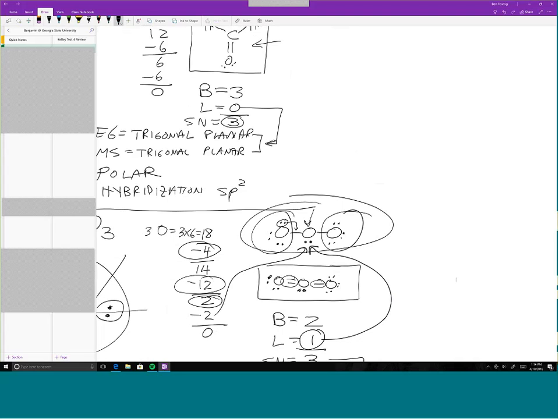Now you might say, well, why didn't we do a double bond there? Well, what would happen? Let's redraw this. It's going to be the same problem. Right now, the outer atoms are perfectly good. They have 8 electrons each, right? But the center atom is short. So we have to bring it in. Now you might say, well, why don't we solve that problem by making a double bond with that lone pair?